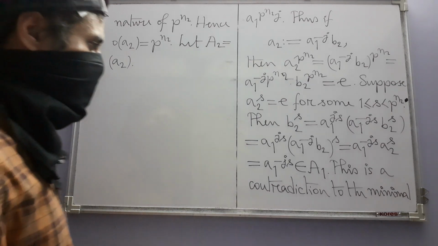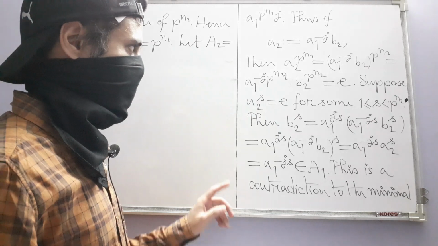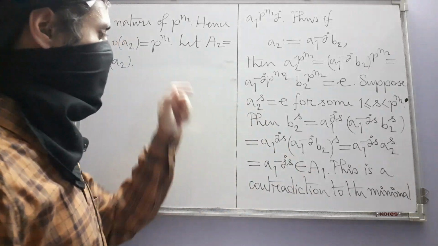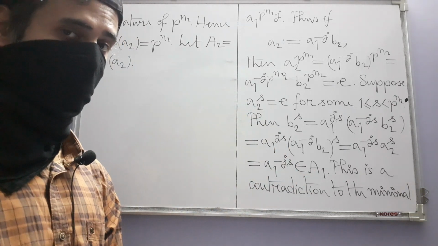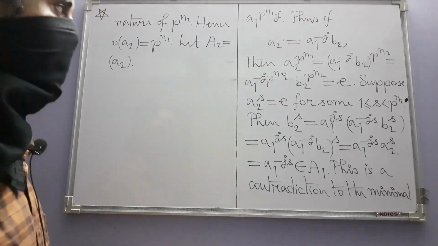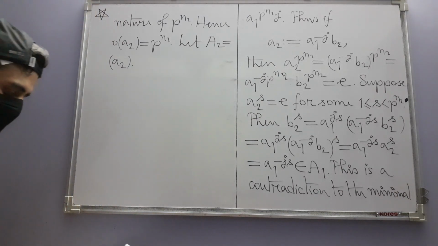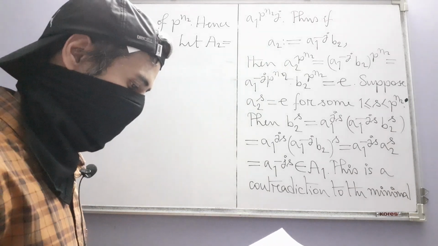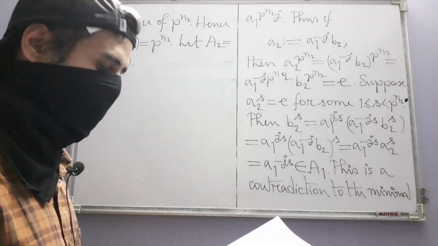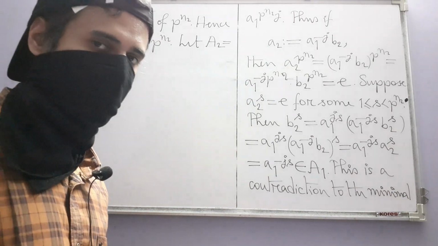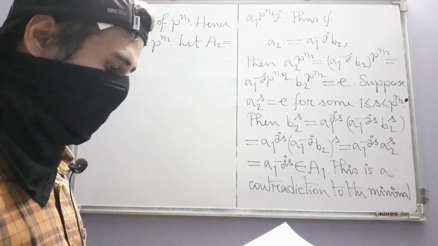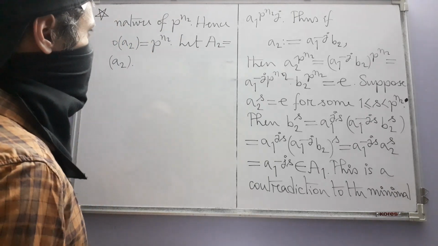Now the next thing we have to see is that the subgroups A1 and A2 intersect trivially. This is the next thing we want to prove. So for that, let us consider an element common to both A1 and A2.